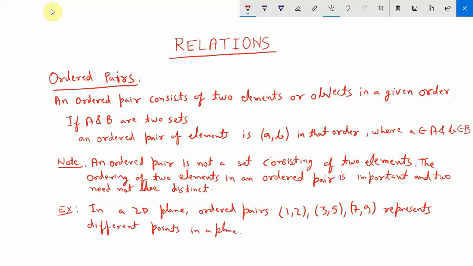Okay. Next, we will see equality of ordered pairs.